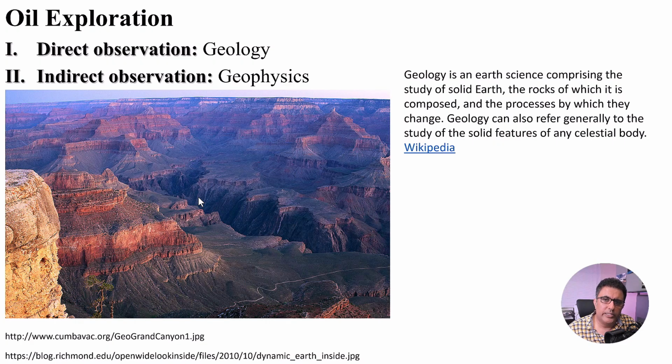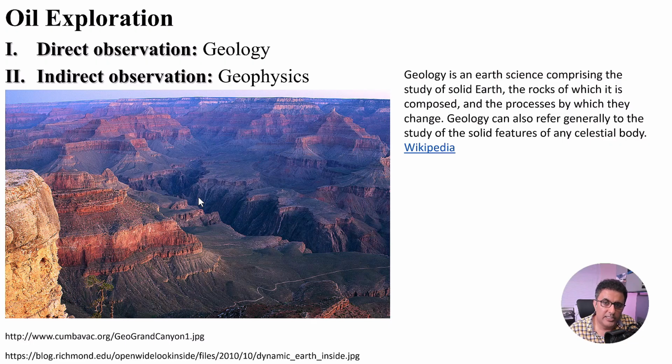Now, what should we do in order to find oil and gas? Definitely, as I mentioned, there should be some important geological criteria. And for that reason, we have to do some geological studies. We have to study the rocks. We have to study the formation, every geological layer beneath the surface.